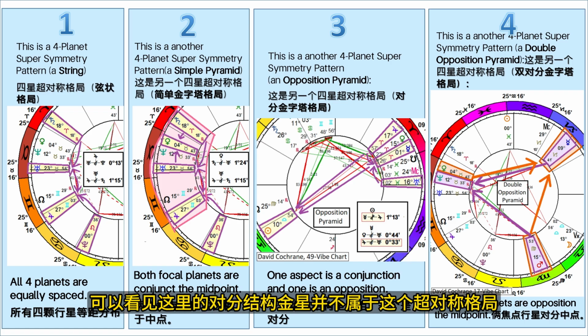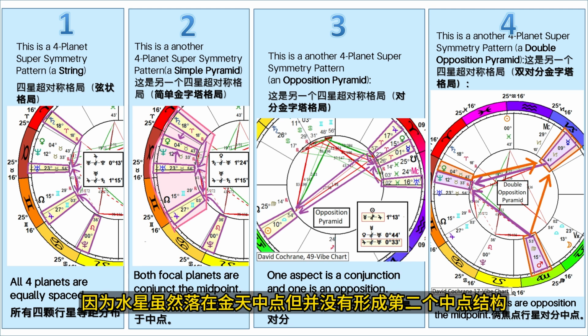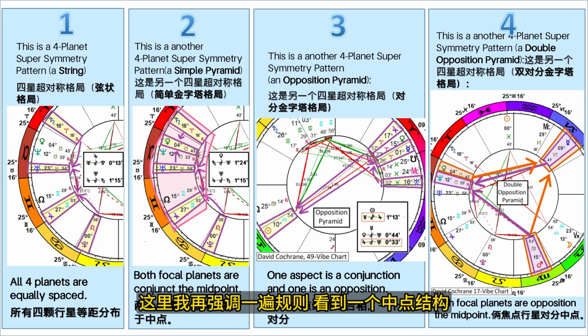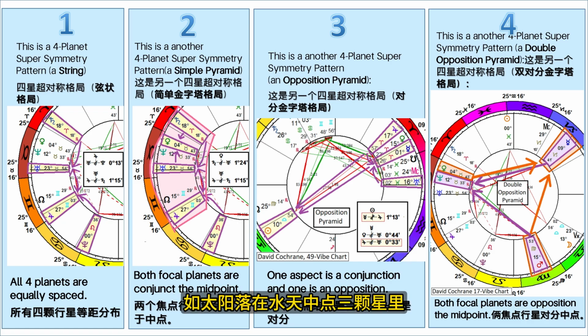Venus is not part of the supersymmetry pattern, because Mercury is at the Venus-Uranus midpoint, but it's not part of a second midpoint structure. So the rule is, let me say it again, look at a midpoint structure, Sun at Mercury-Uranus. Do you see two of these planets somewhere else?